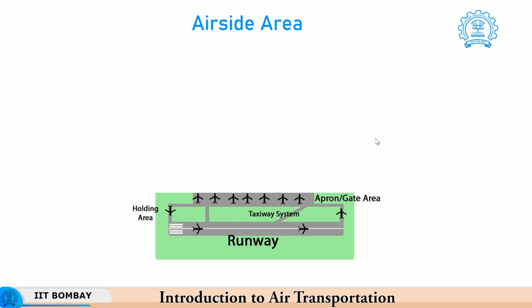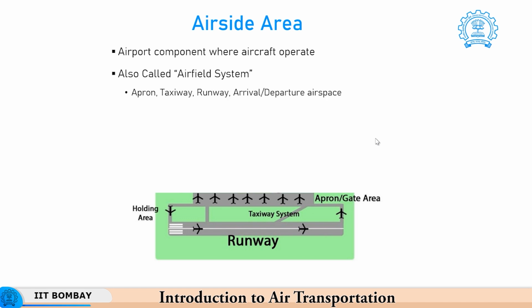First, the airside area. This is the area or the component of an airport where the aircraft are operating. So, we do not expect passengers to be present in the airside area. It is unsafe for a passenger to be in the airside area.